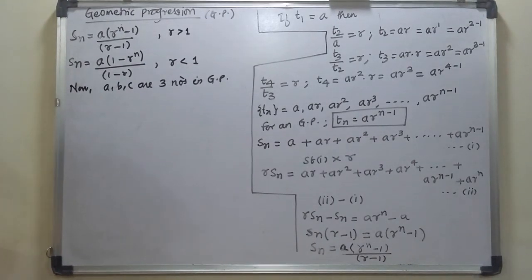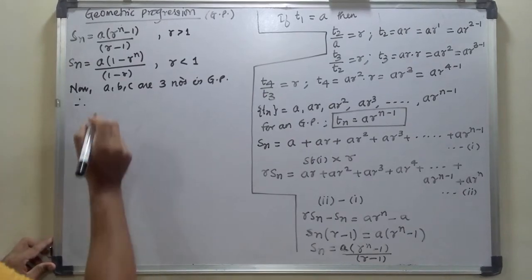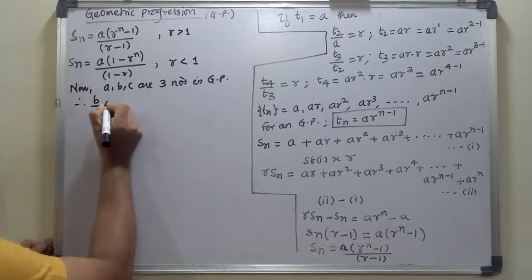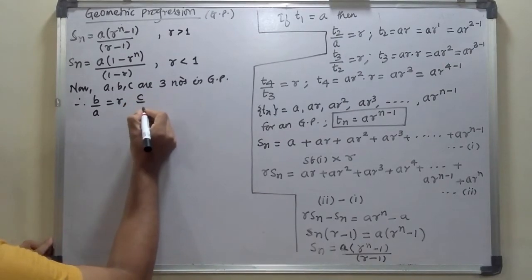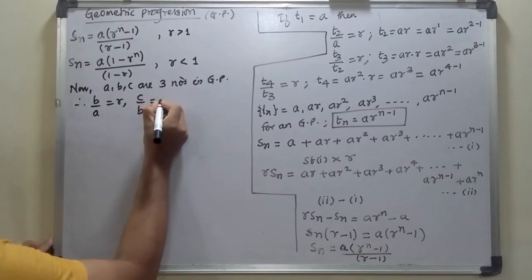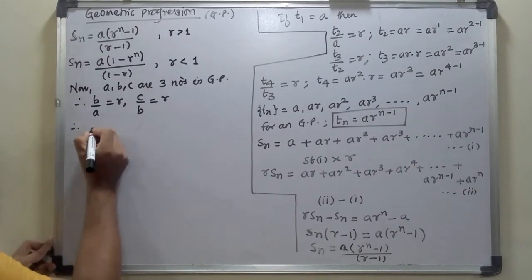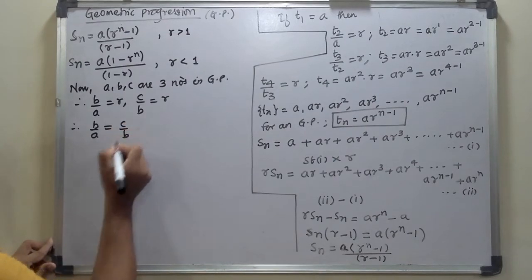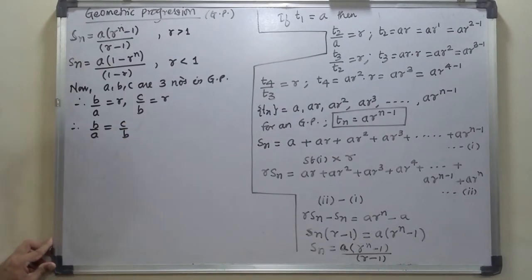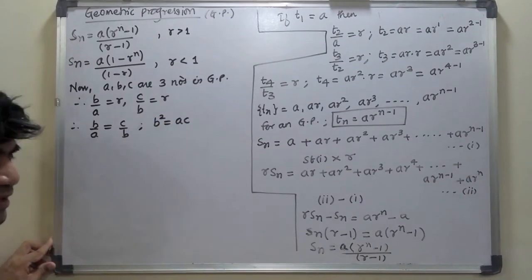If they are in geometric progression, I know that the ratio of any number to its previous number is constant. Agreed? That means B by A is equal to C by B, indicating B square is equal to AC.